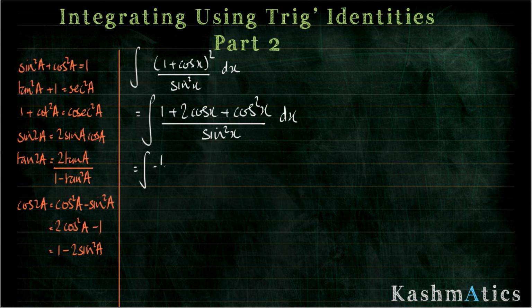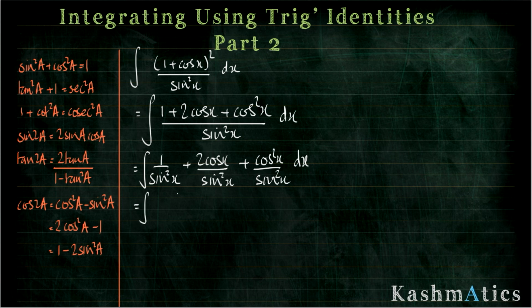So 1 over sine squared x, plus 2 cos x over sine squared x, plus cos squared x over sine squared x dx. Now let's try and tidy this up to write it in a way which we actually recognize.